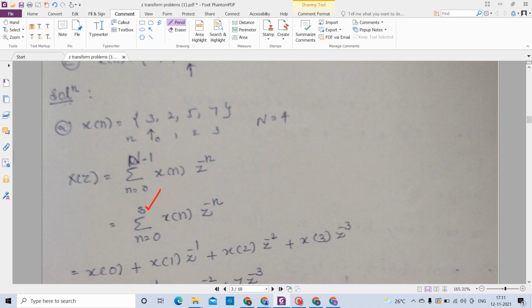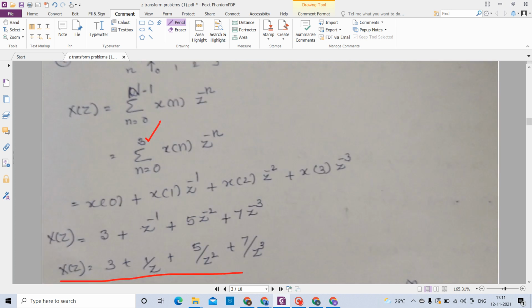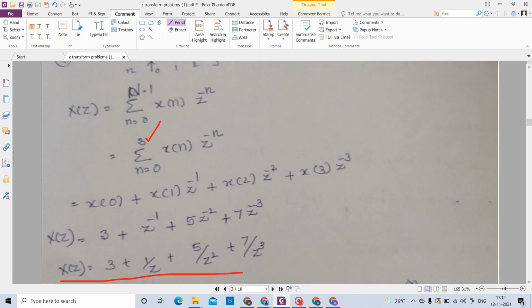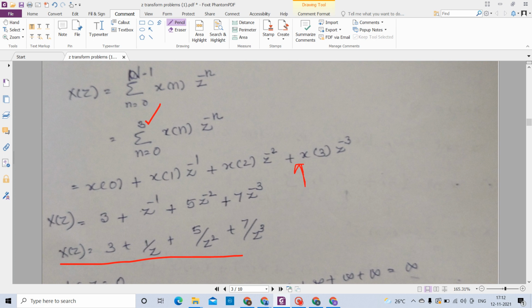You have to substitute the value of n in this expression, then you will get this equation. Then substitute the values of x of 0, x of 1, x of 2, x of 3 in the obtained equation, and you will get this final equation.